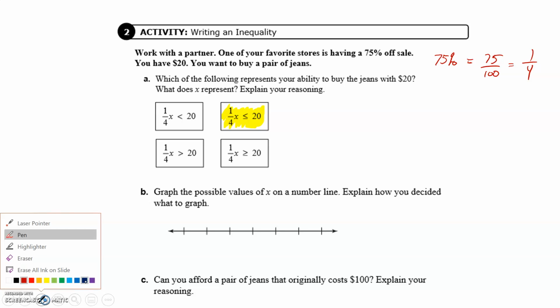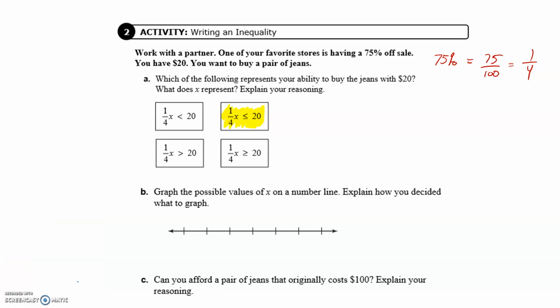Now, what does this mean? Okay, so 1/4. The sale, 1/4 is the sale price. So sale price, or how do we say it? Percent off. Let's just erase it and write percent off.